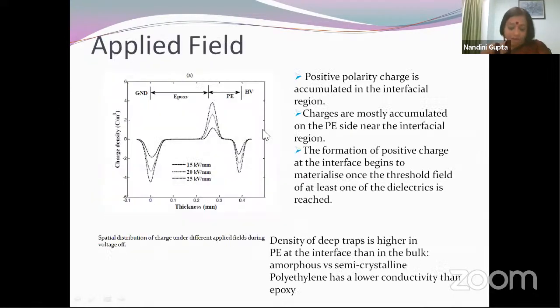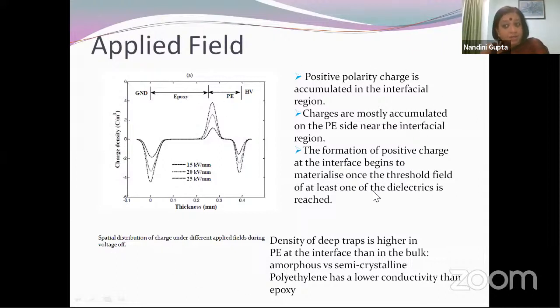So what I have tried to show you here is that when we are doing space charge measurement, there are many parameters that we have to take into account. And this is especially true when you are making measurements in dielectric systems which have more than one material within them. When there are different layers, many things come into the picture.